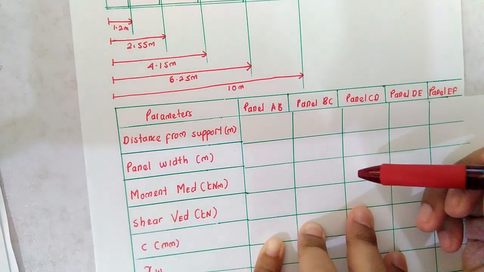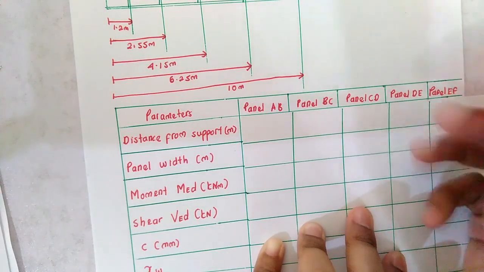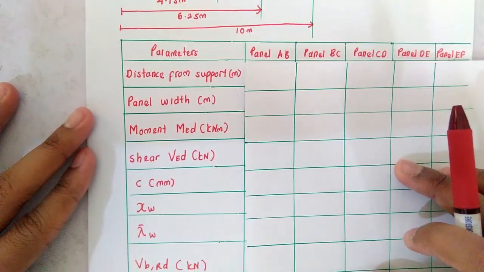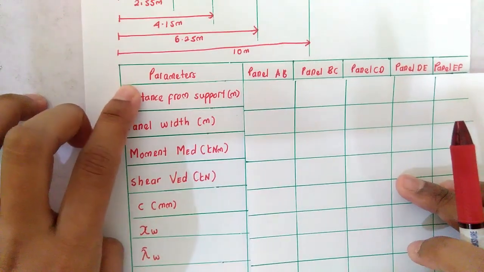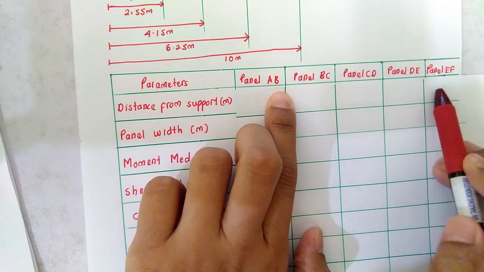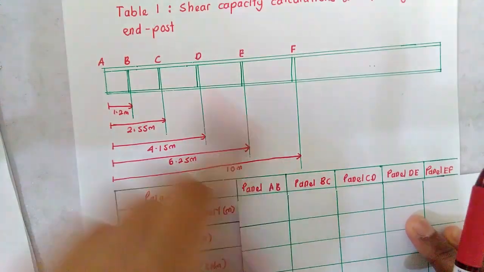So, before you carry out the shear buckling resistance check, I would like all of you to come up with this table. If you look at this table, you have the parameters and panels AB, BC, CD, DE, and EF, which means the panels as I said earlier.